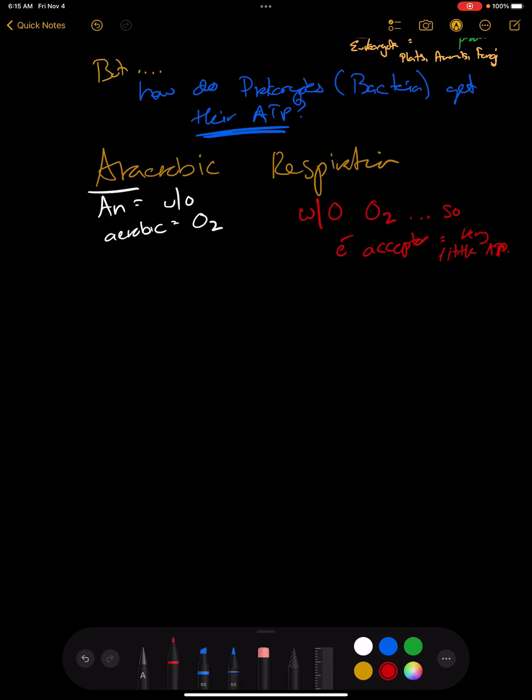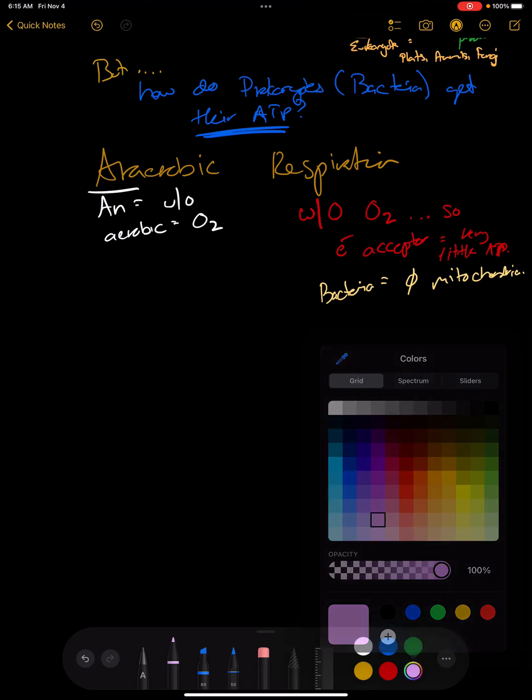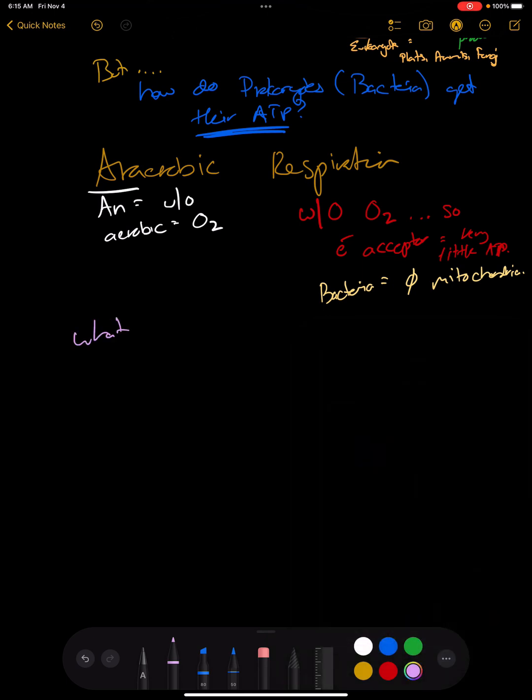And don't forget, where do I make the most energy? I make the most energy in my mitochondria. And since we're talking about bacteria, they don't have a mitochondria, which means I'll only be able to do maybe 1 or 2 steps. So let's ask ourselves, what process can bacteria do?